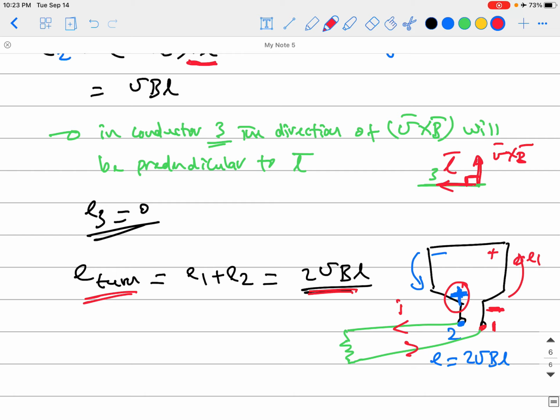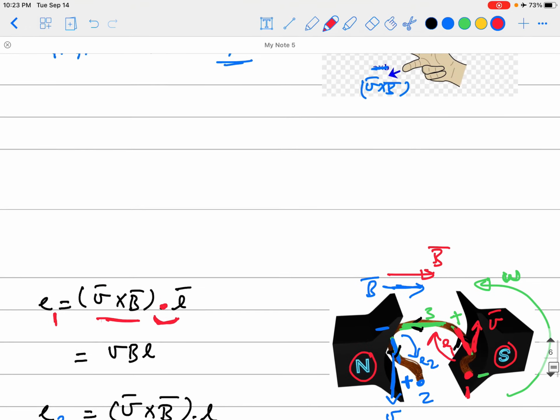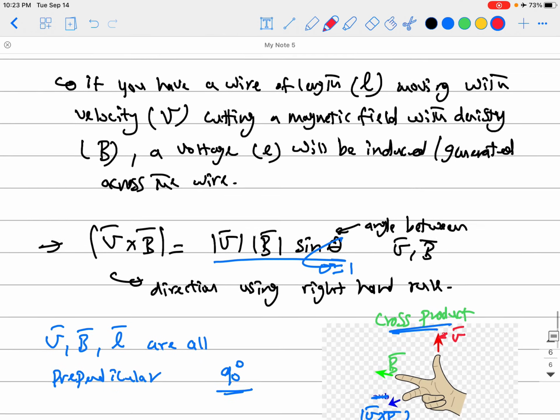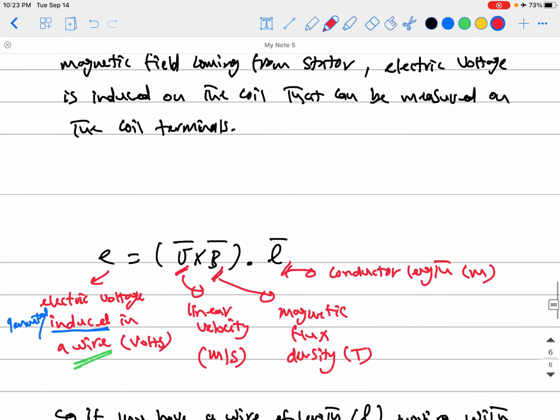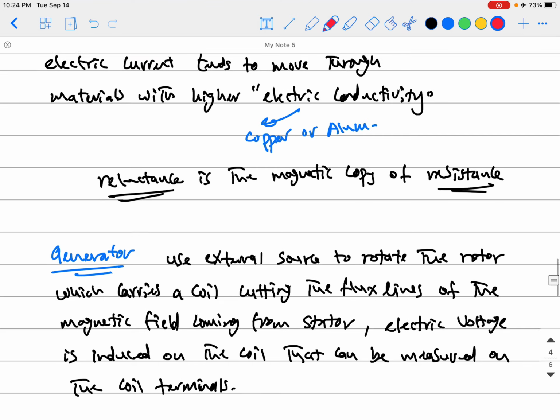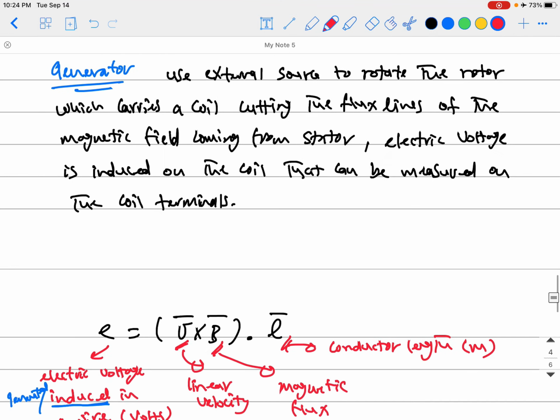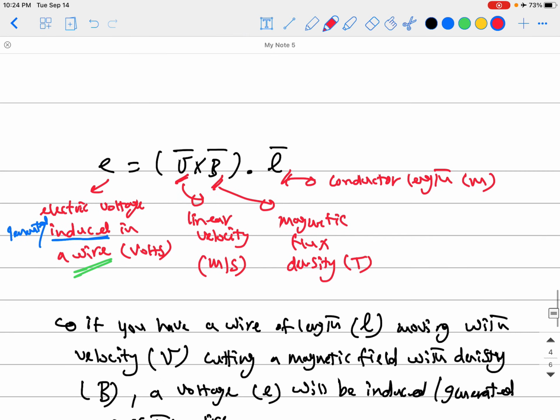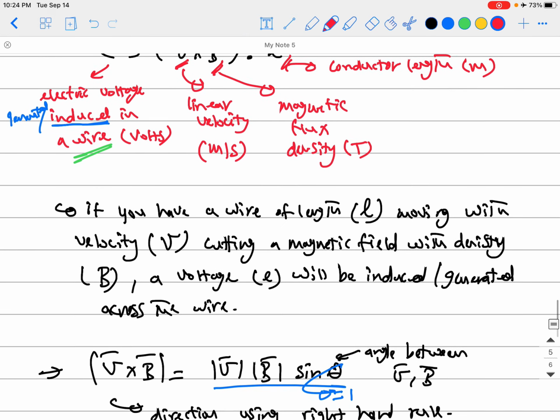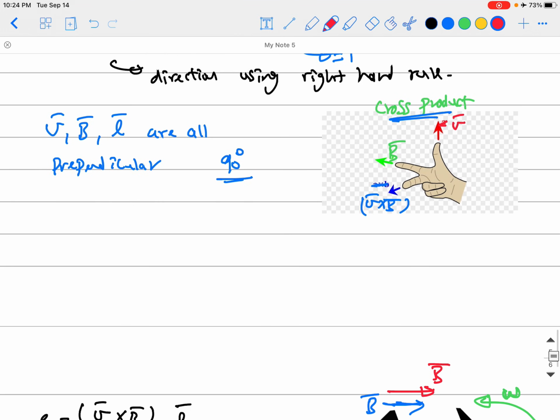So you can just multiply this by the number of turns you have inside your coil, and you have the voltage induced in the entire coil. Okay, guys? So that is the basic principle of how to build a small generator, how to get electricity by just rotating the coil inside the magnetic field, and how to quantify this amount of voltage you get and find its magnitude and its direction.